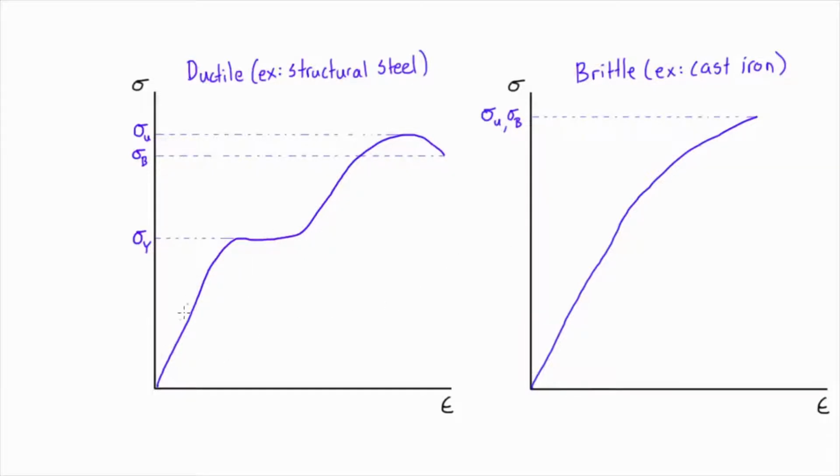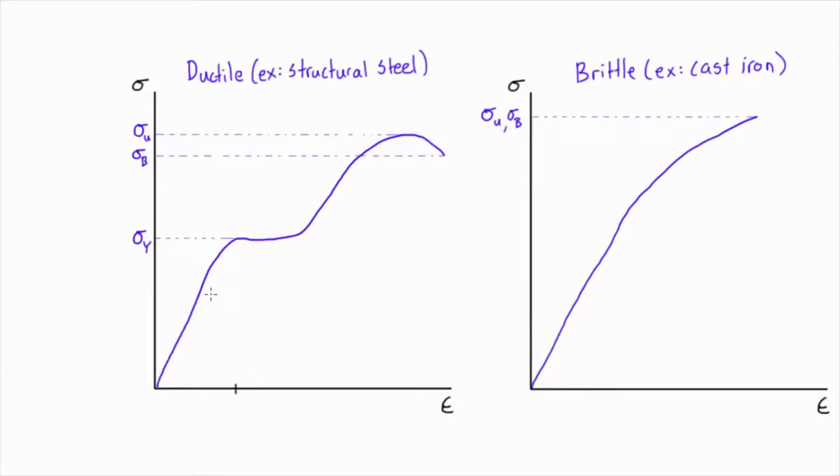So let's focus in here on the first section of the graph from 0 up until we reach sigma y here. And this sigma y here is the yield stress. So if we apply some tension to this member and we get a corresponding strain that's going to result in less than this yield stress, if we stop loading it there and we unload it, all of the strains are going to disappear.